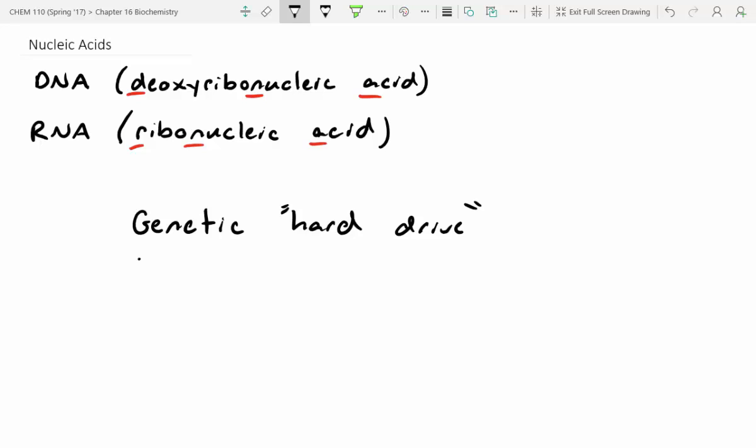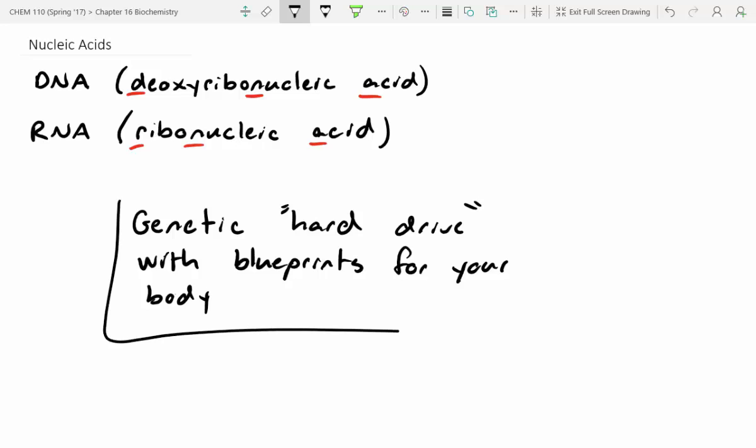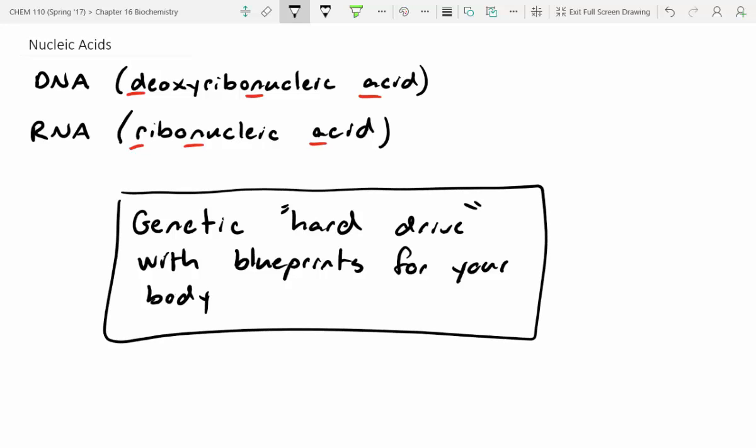And it basically has the blueprints for your body. They do some other stuff as well. So for example, RNA can also do catalytic reactions, but for the most part, your nucleic acids are just there to store information inside of your body, right?